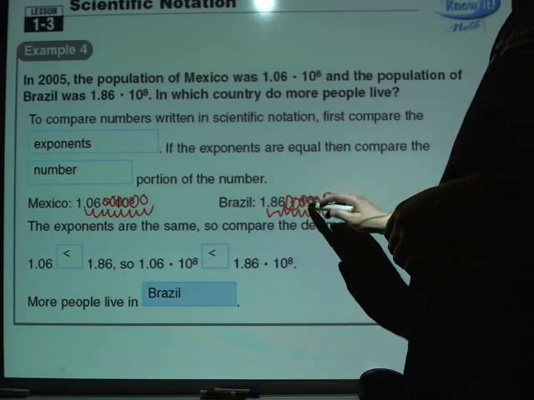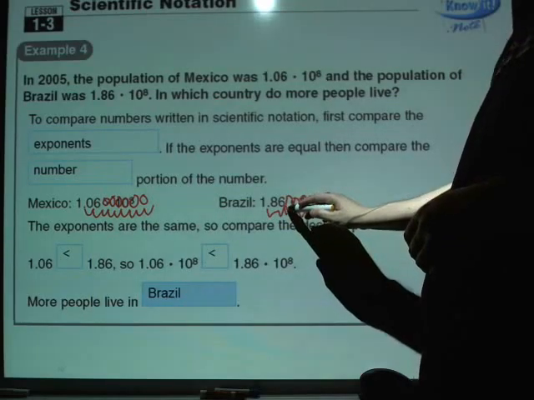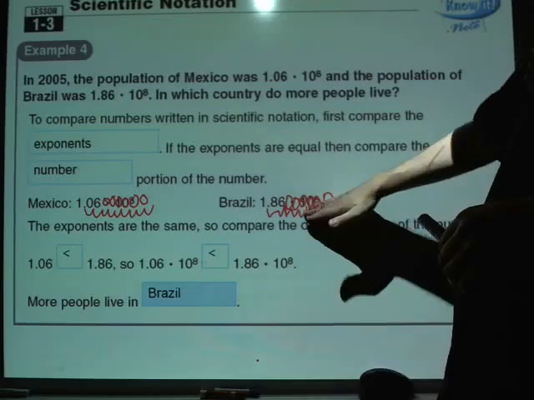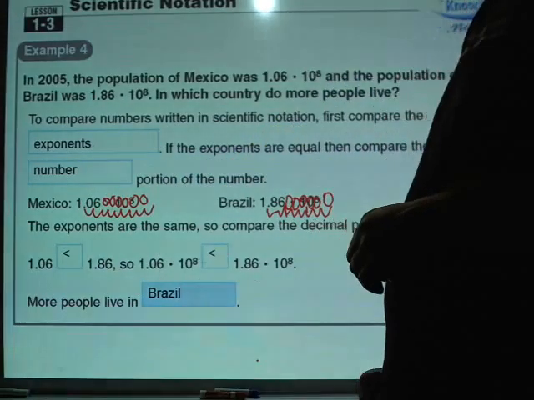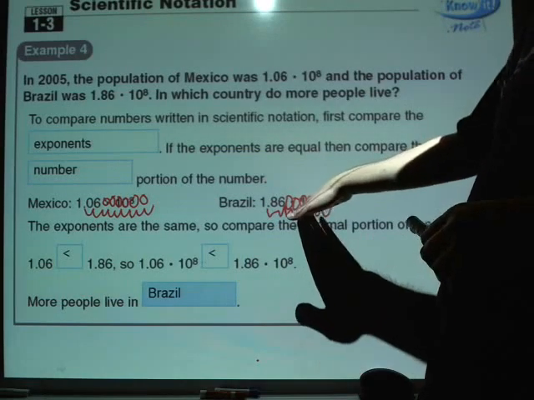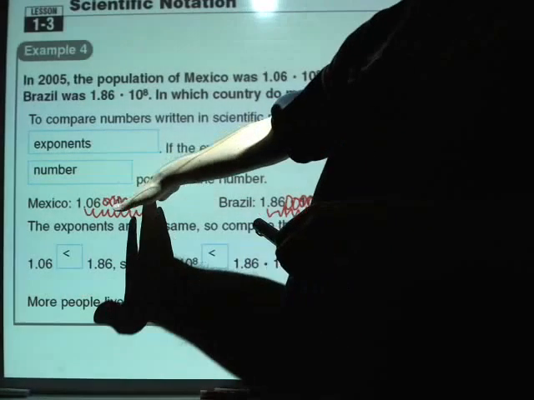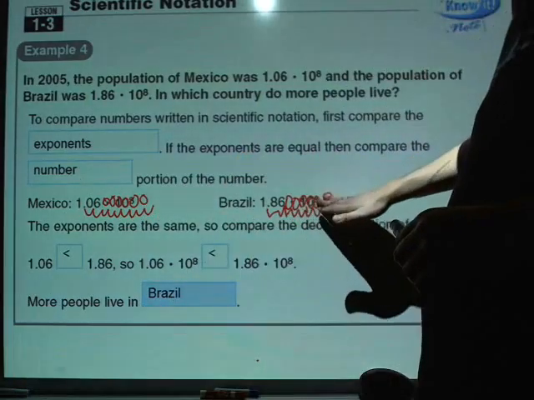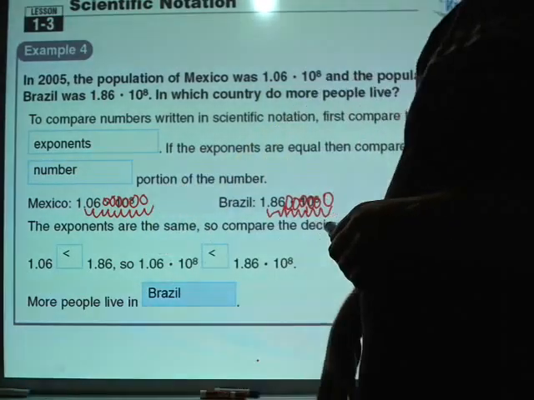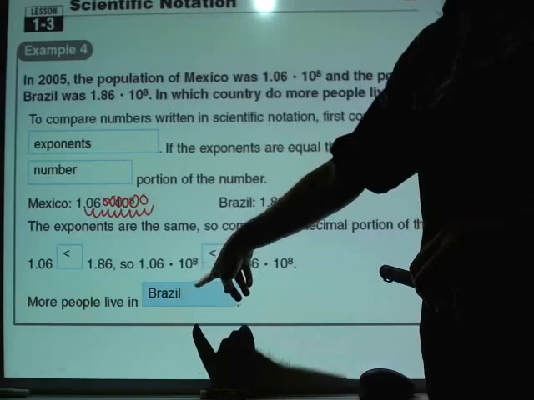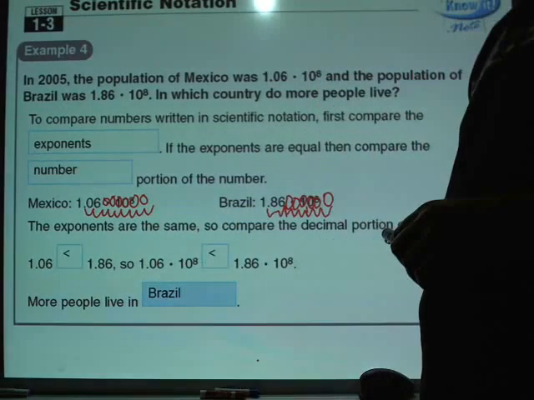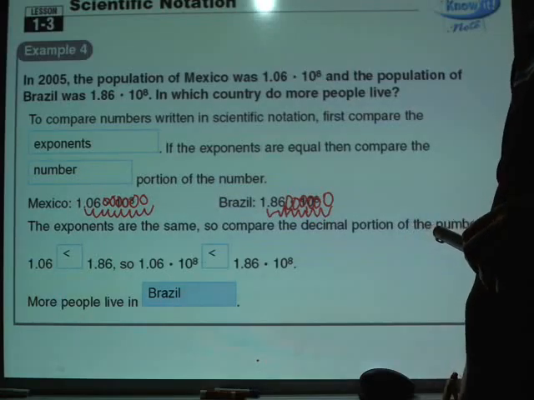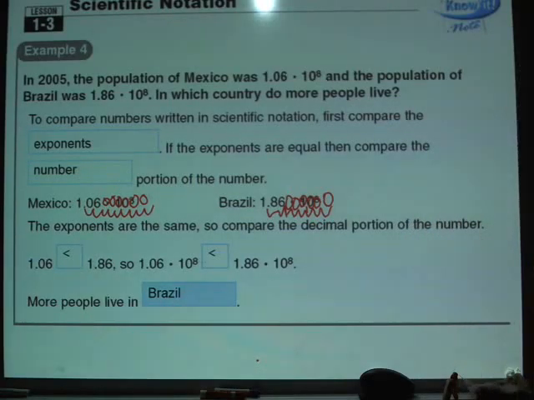Well, as you can see, what we have here then is a comparison of 186 million and 106 million. Well, no surprise to us, 186 million is bigger than 106 million. So with the Brazil number being larger than the Mexico number, it vets out exactly what we said based on just looking at these numbers in front when the exponents are the same. And again, further proof that more people live in Brazil.